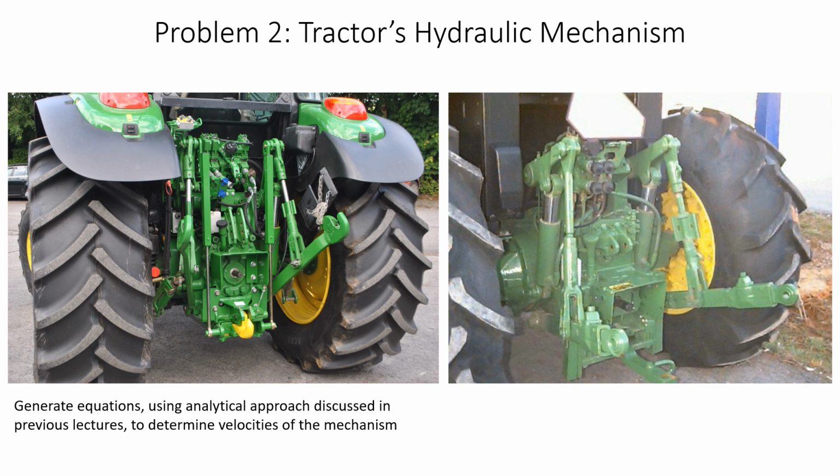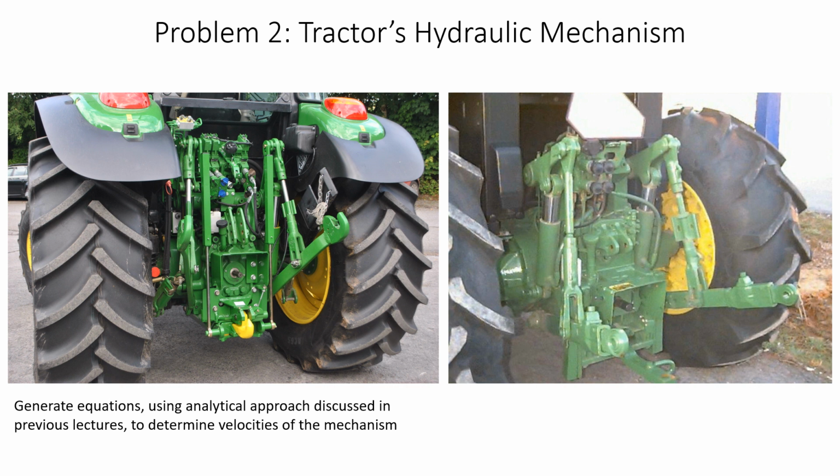The hydraulic system is going to produce the power, obviously, and that power needs to be transmitted or transferred in a specific way, and that is generally done using mechanisms. On the rear side of this tractor, you can see that mechanism on display.